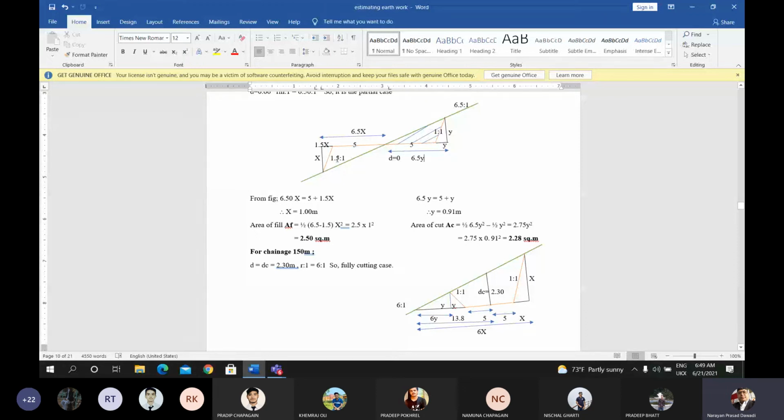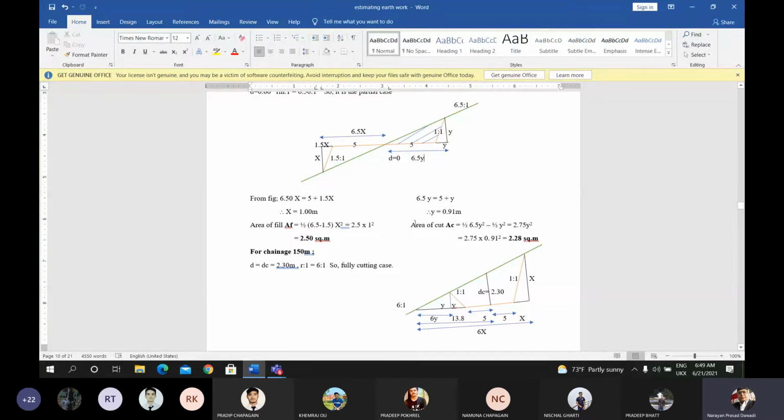Similarly, for the area of filling, the bigger triangle minus the small triangle along the filling side, half 6.5x into x minus half 1.5x into x, gives the area of 2.50 square meter. So in this partial case, the area of filling is 2.50 square meter and the area of cutting is 2.28 square meter.